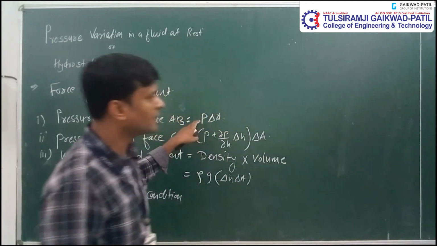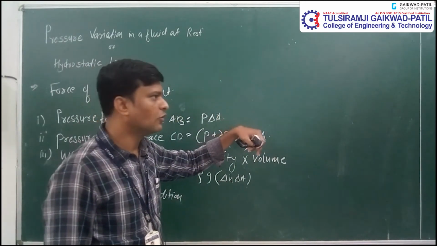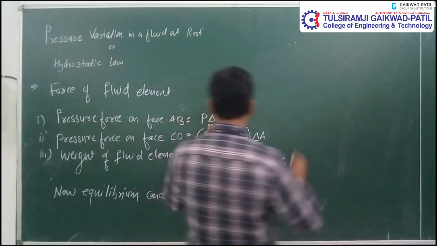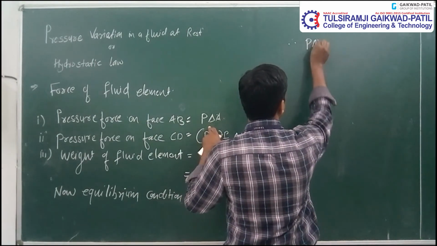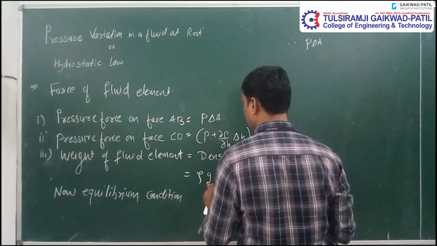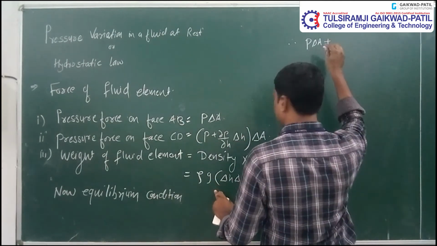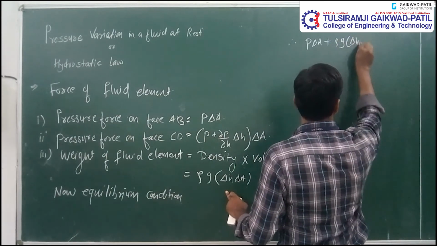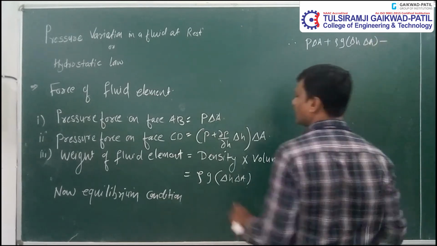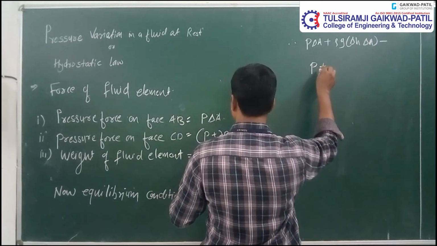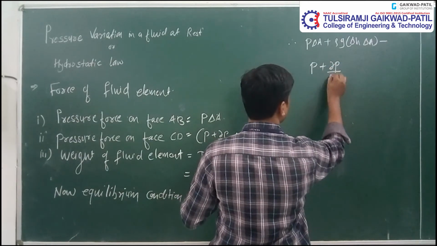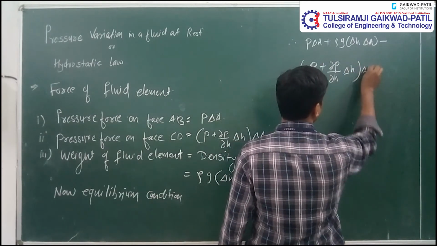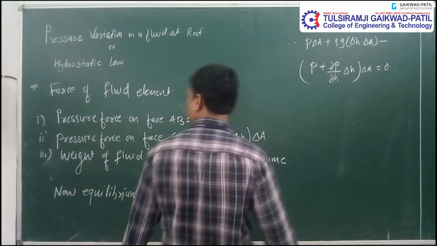Therefore, if we consider the vertically downward force as positive and the vertically upward force as negative, we can write P into delta A plus rho g delta H delta A minus P plus del P upon del H into delta H into delta A is equal to 0.